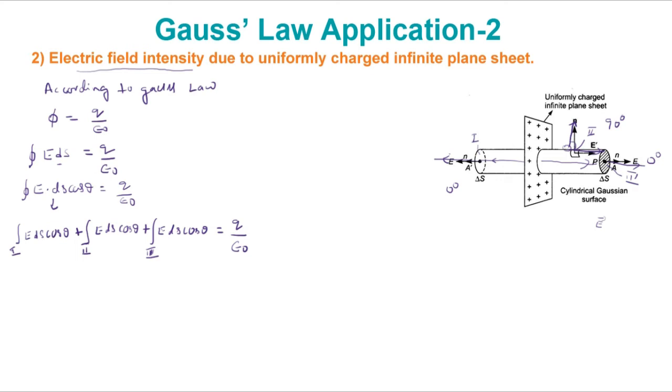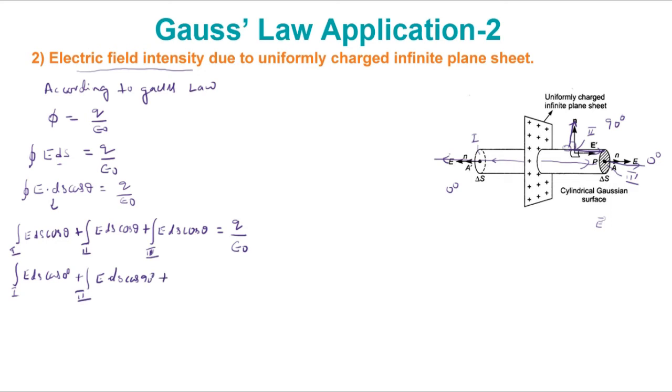I will write now. That is integration of E·dS cos, first one, cos 0 degree. Then the second part, E·dS cos 90 degree.